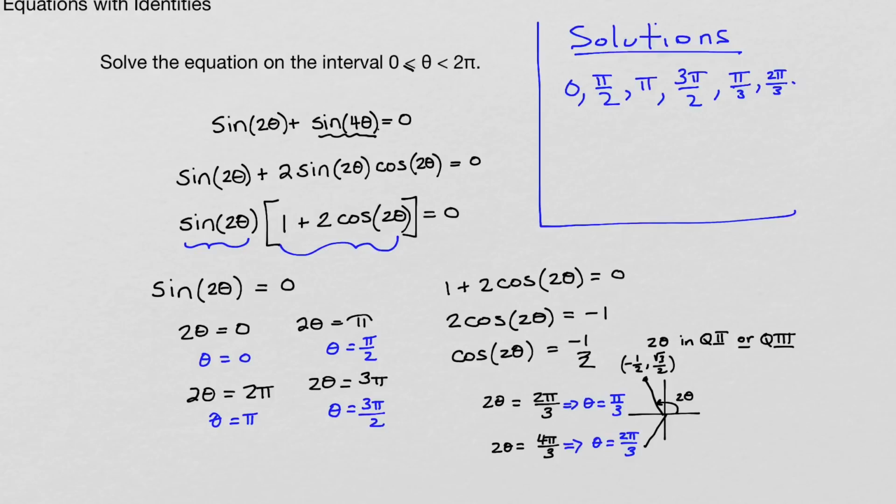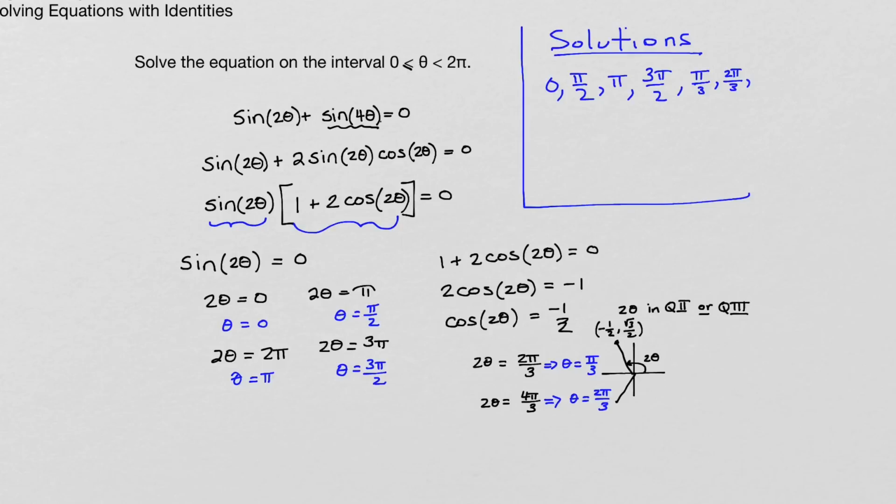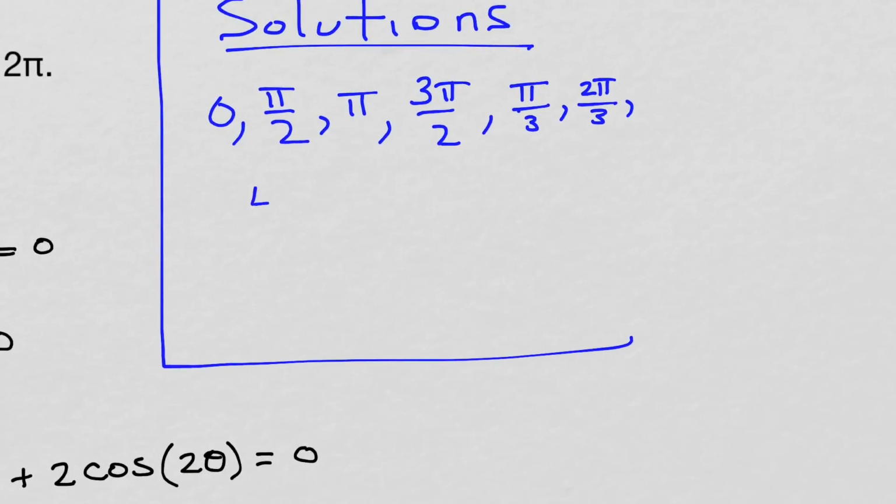So these are not in numerical order, and they don't need to be. I mean, it's kind of nice if you do it, doesn't mean you have to do it. And so my other two solutions are 4 pi over 3 and 5 pi over 3. And those are the solutions to that equation.